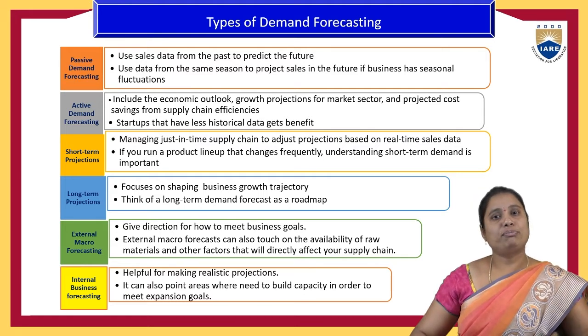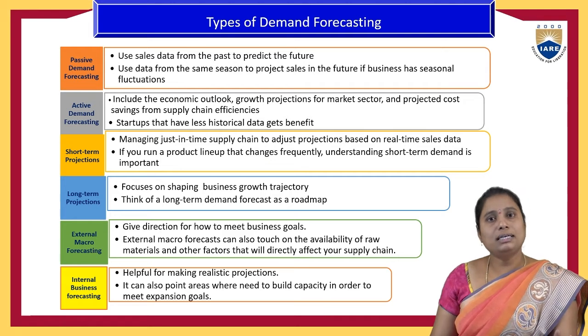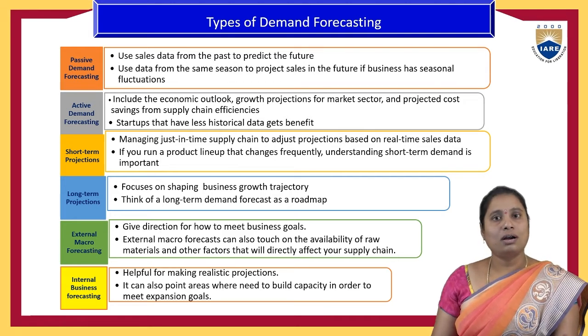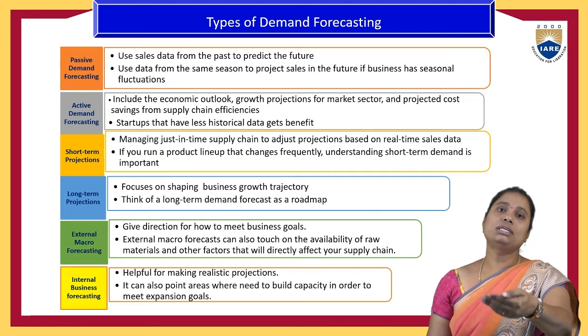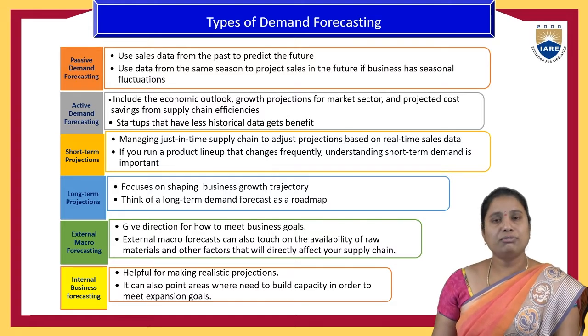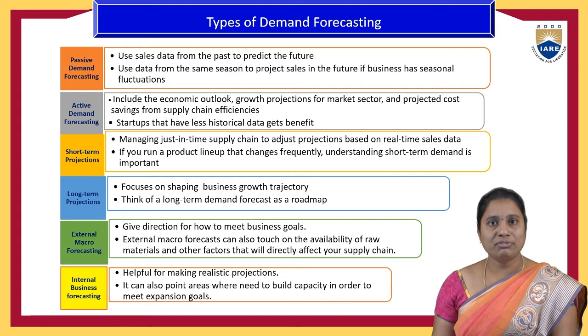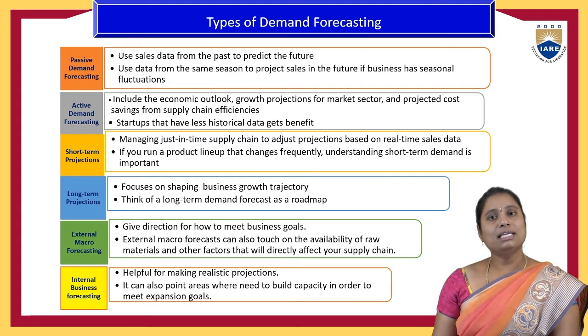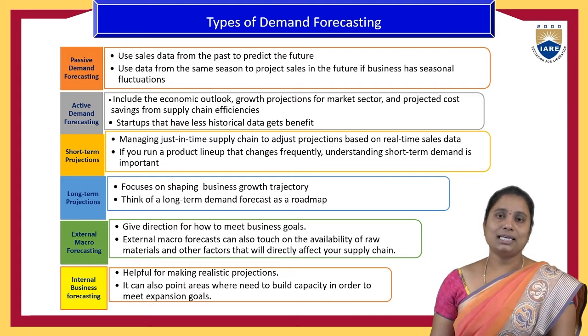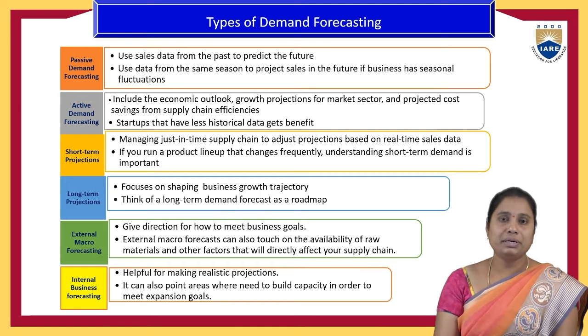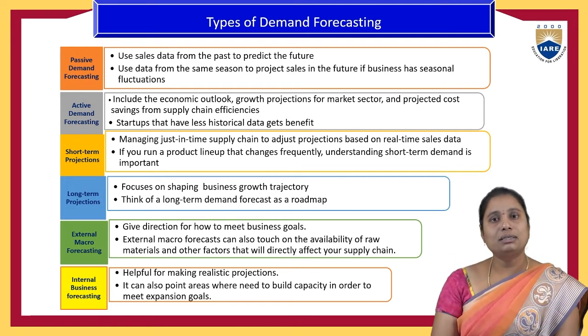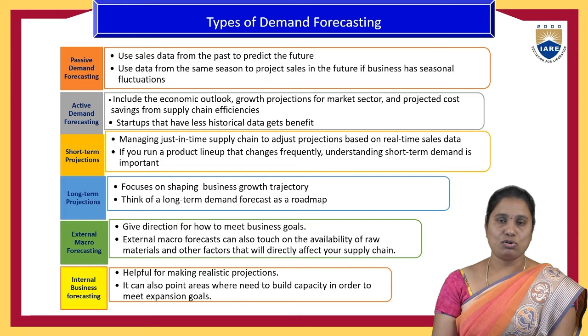Based on the past data, they can estimate the demand for the product, or based on future conditions estimation, future economic conditions estimation, they can estimate the demand for the product. While estimating the demand, they can estimate for a short-term time period, or from a long-term perspective also.